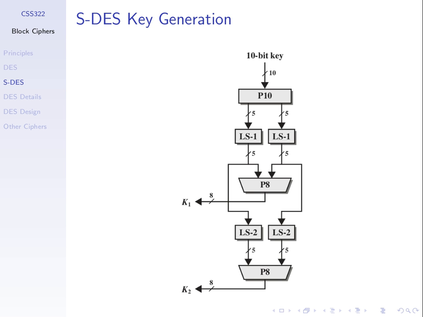I have some plain text, I choose a 10-bit key, I generate K1 and K2, I send you some ciphertext after encrypting. You must know my 10-bit key, it's a shared secret between the 2 of us. You generate the same values of K1 and K2. You apply the same input key, you use the same algorithm, therefore you'll get the same output K1 and K2. Any questions on key generation before I remove it from the board?